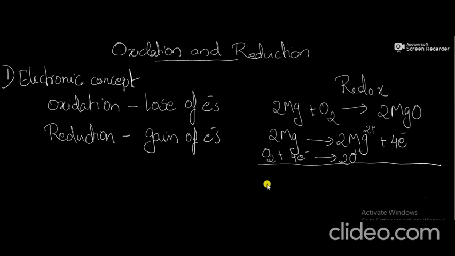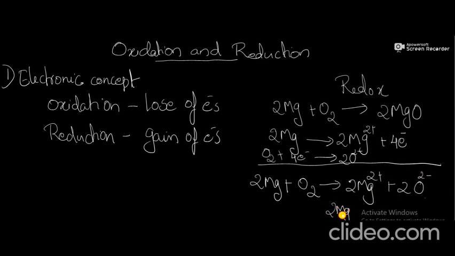Then what is the overall reaction? The overall reaction can be represented as 2 moles of magnesium reacting with oxygen to form 2 moles of Mg2+ and 2 moles of O2-. These ionic states combine to form 2 moles of magnesium oxide.